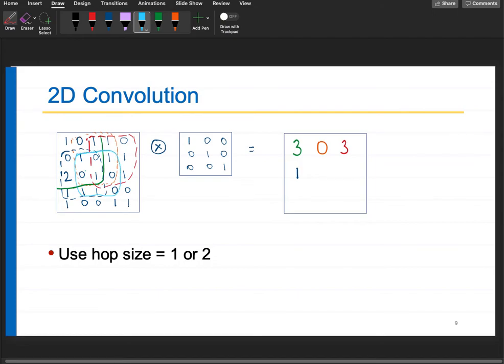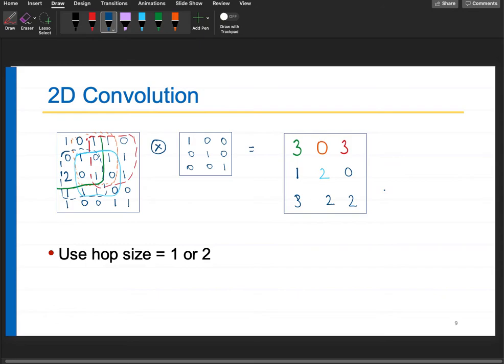What do you get now? 2. Similarly, the next one will be 0. The next will be 3, 2, 2. This is convolution. Oh, sorry, this is cross correlation. Well, let us call it convolution.